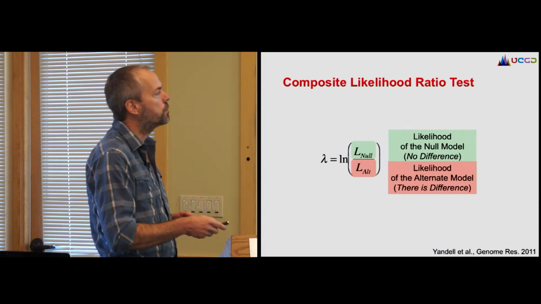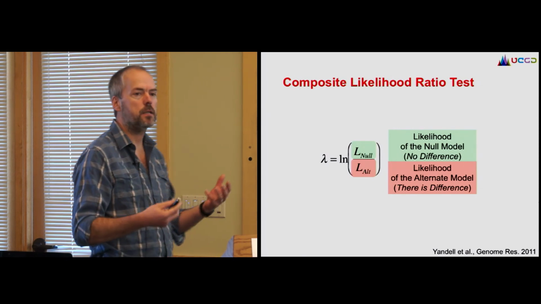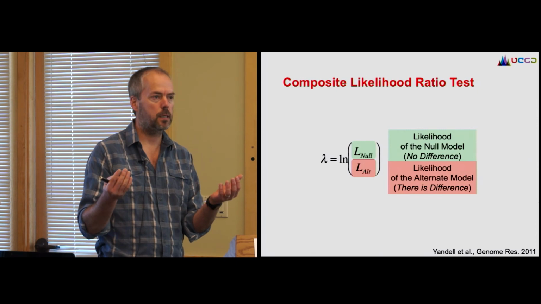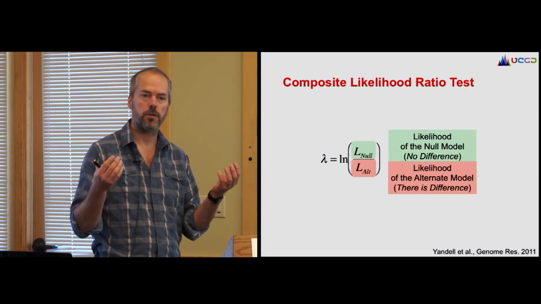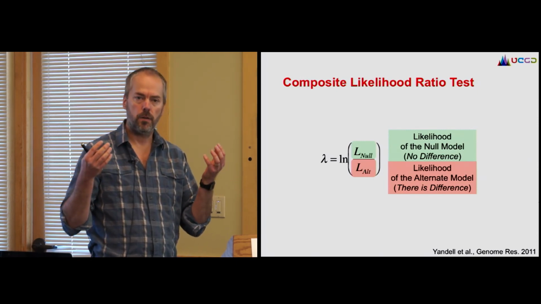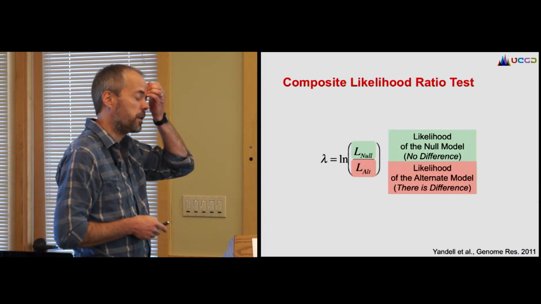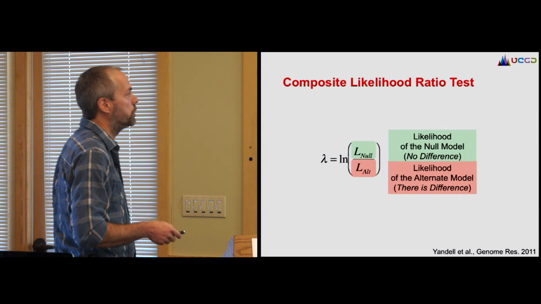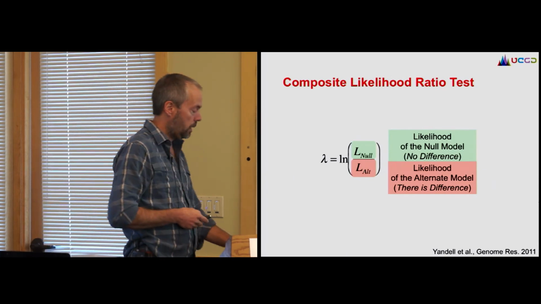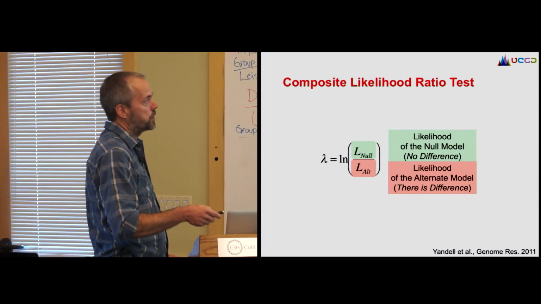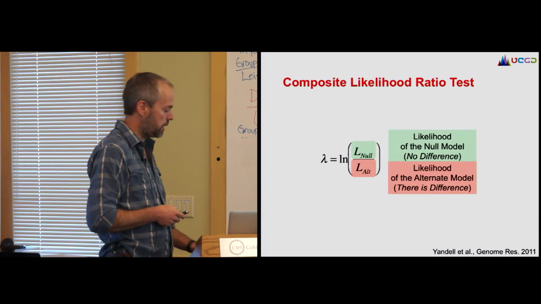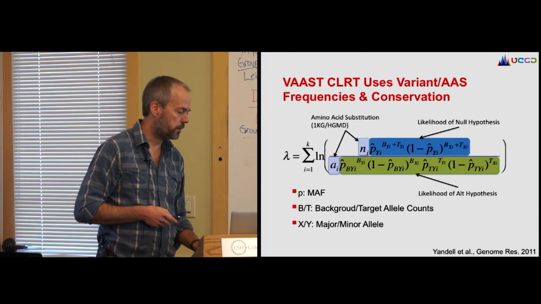And the alternate model in the denominator is that there is a difference, that for a particular allele or for a particular feature, a particular gene, there is a differential burden of variant scores in those two different groups. And then a log is taken of that ratio, and that becomes the raw score for VAAST.